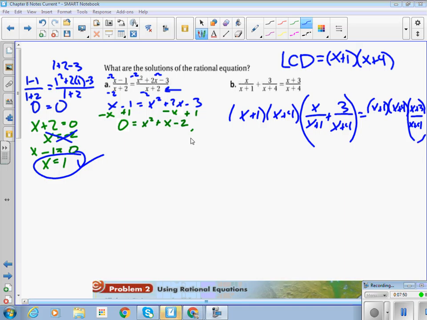I don't know why in this problem they're all x's. If a y looks like an x, make it an x. Okay. So what that means is I'm going to distribute x plus 1 and x plus 4 to each of these terms inside the parentheses.